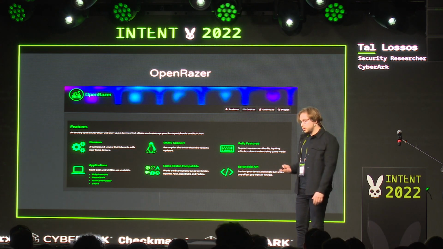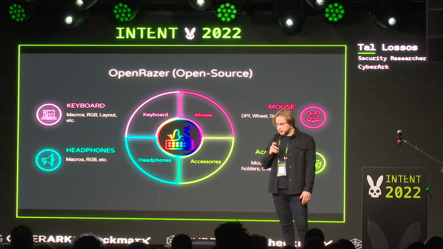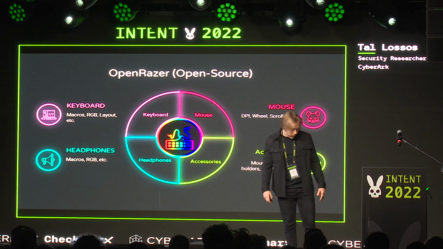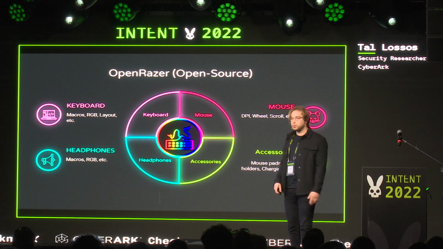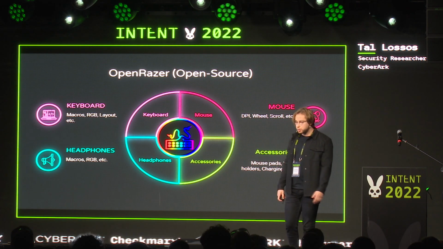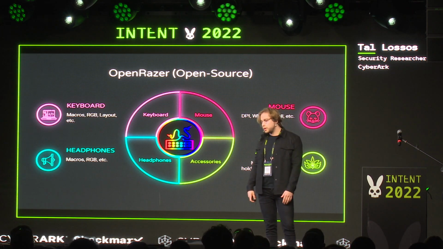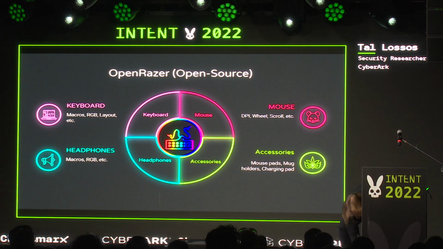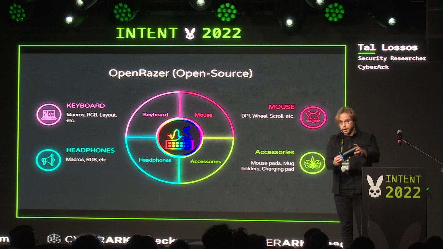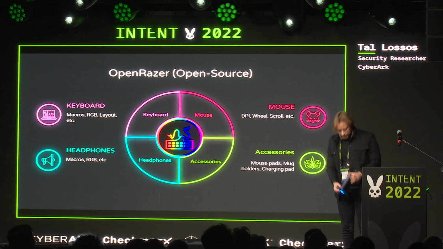So what does it let you do? Again, it's an open source project, and it lets you do basically everything that you see here. It lets you configure your macros on your keyboard, set custom RGB lights, set your DPI on your mouse, headphones, and it even lets you configure this amazing Razer mug holder. Yes, that's a thing. Very cool.